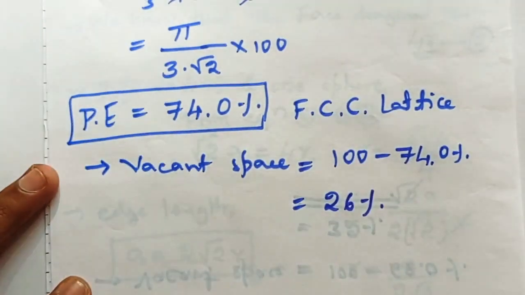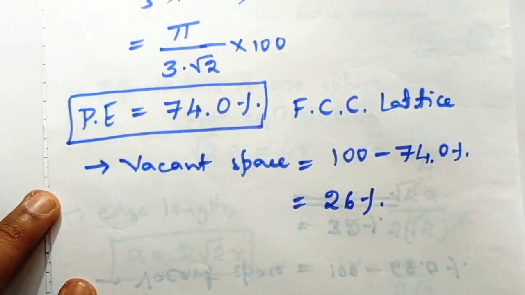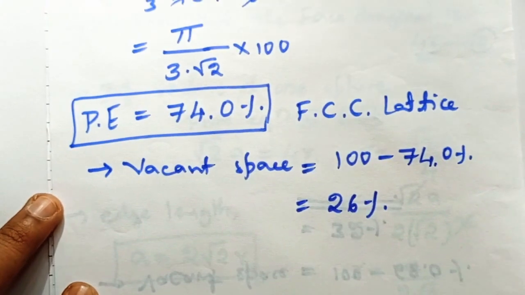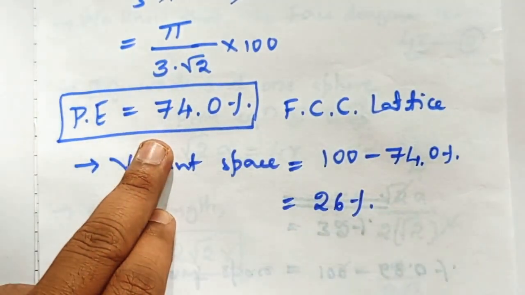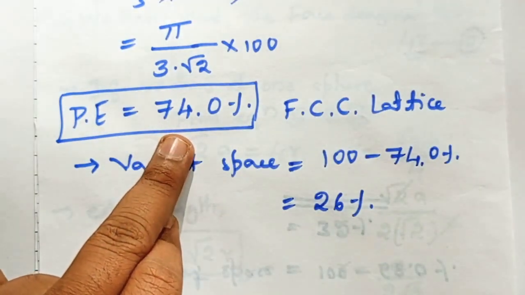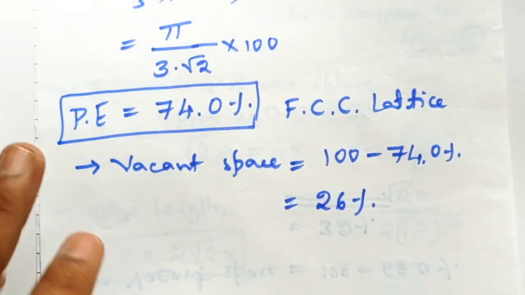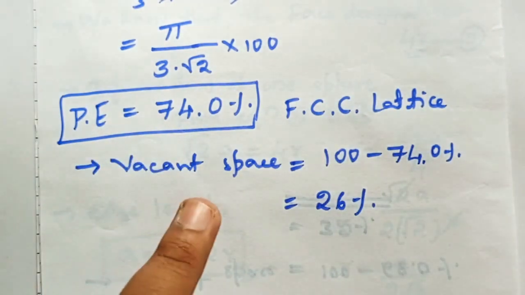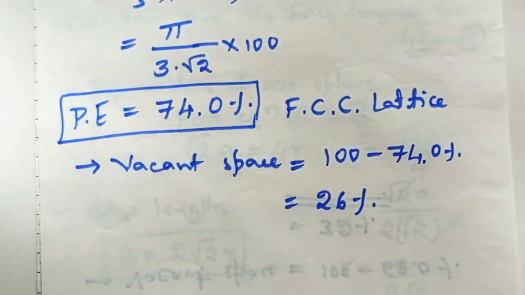So the remaining 26 percent is the vacant space present in the face-centered cubic lattice. 74 percent of the particles are filled in the face-centered cubic unit cell, that is the packing efficiency, and the vacant space present in the face-centered cubic lattice is 26 percent.